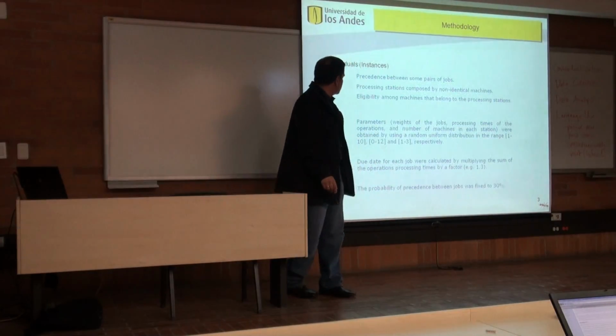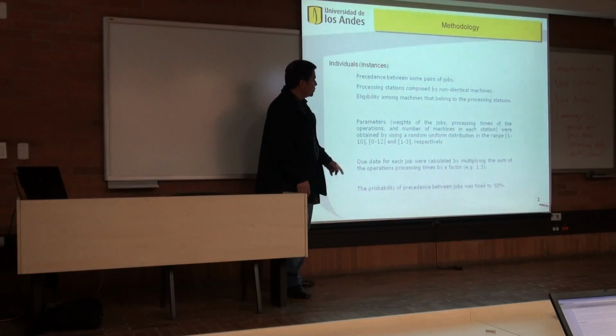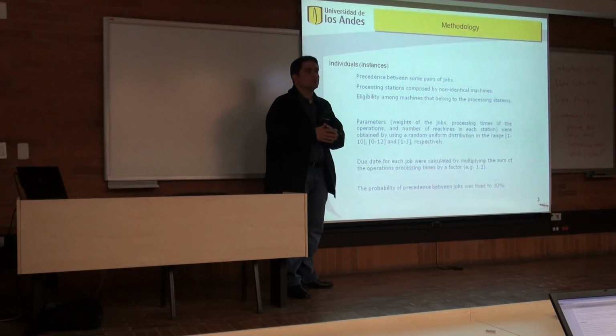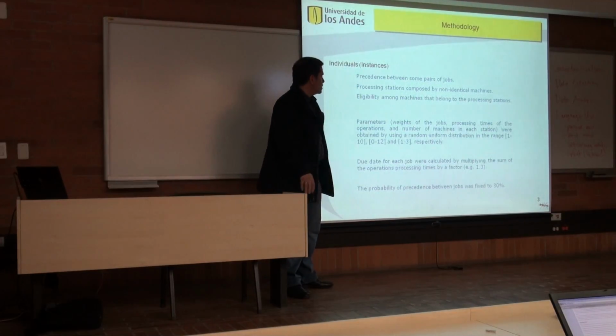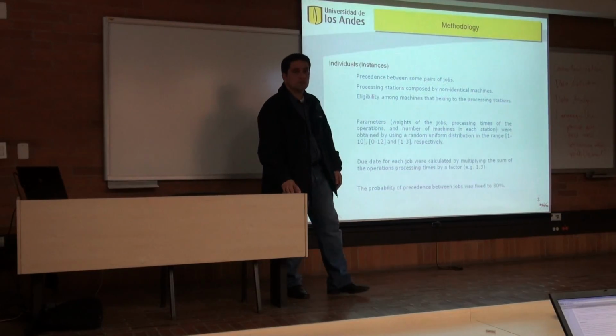The parameters we use, for example, weights of the jobs, processing times of the operations, number of machines in the stations, were obtained by using a random uniform distribution.